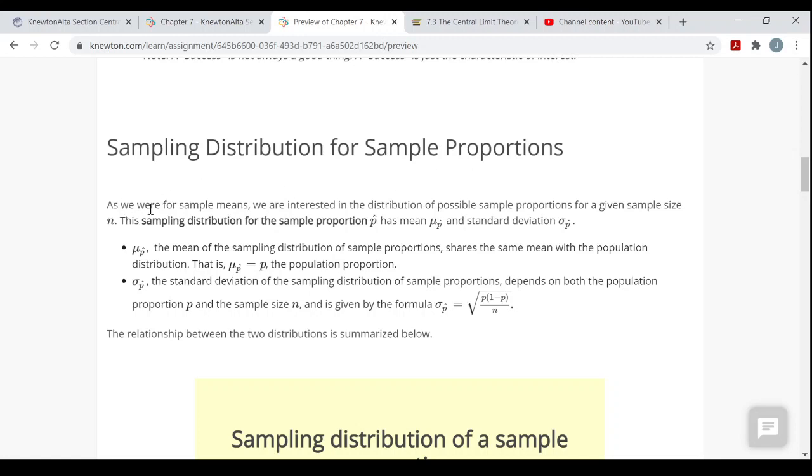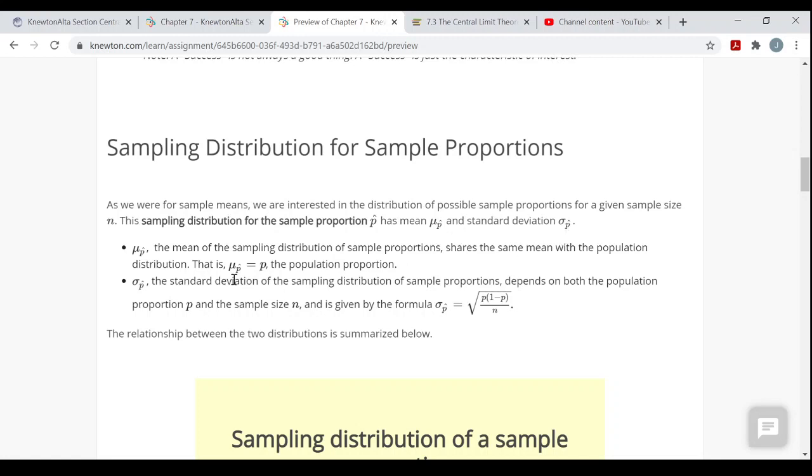As we did for sample means, we are interested in the distribution of possible sample proportions for a given sample size n. This sampling distribution for the sample proportion p hat has a mean, mu sub p hat, the average of the sample proportions, and a standard deviation, sigma sub p hat, the standard deviation of all these sample proportions.